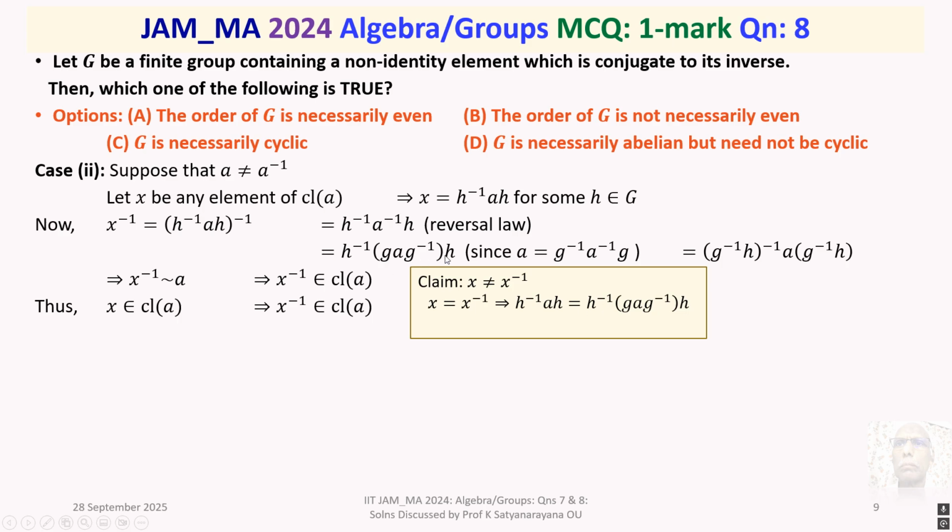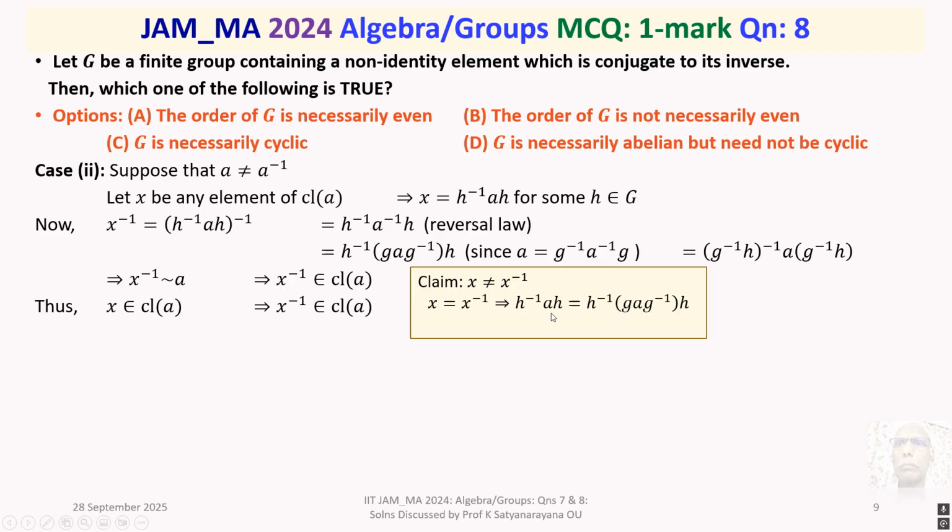You are writing from here, don't panic. So X is H inverse A H, and X inverse is H inverse into G A G inverse into H.